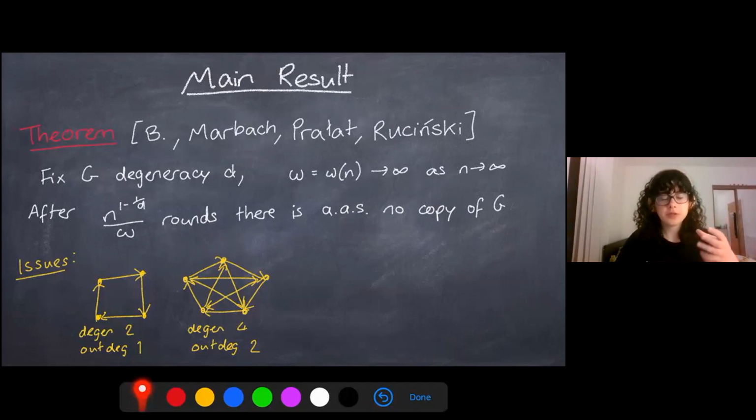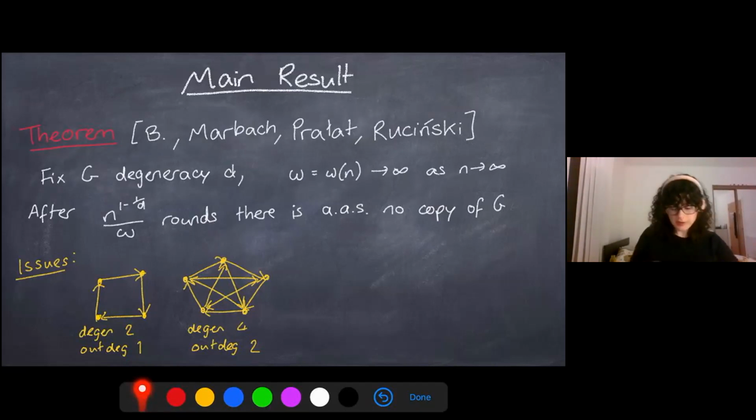To get a lower bound, you might want to say that some vertex has to be chosen D times, and we had this bound on the expected number of vertices that were chosen D times. So if some vertex is forced to be chosen D times, then we have this lower bound as well. The problem is, it's not true that some vertex is forced to be chosen D times by the random process.